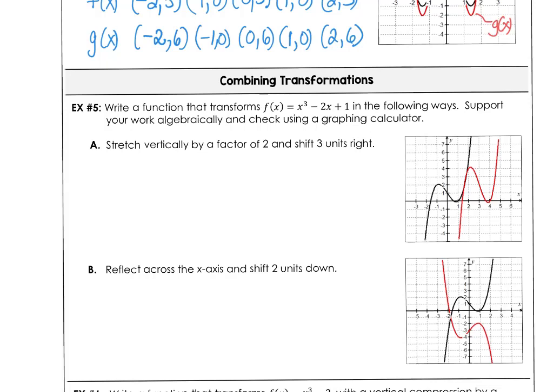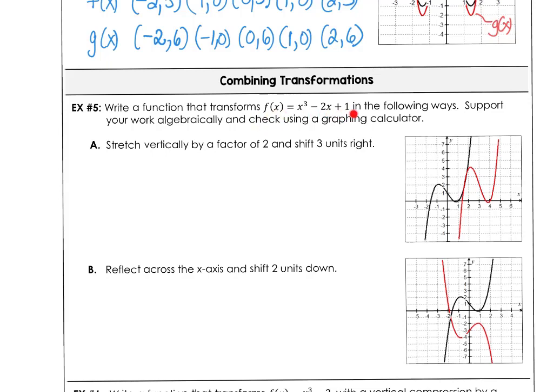Now we want to be able to combine those transformations and write a function that transforms our f of x graph in the following ways. We want to support our work algebraically, and we want to check our work using a calculator.